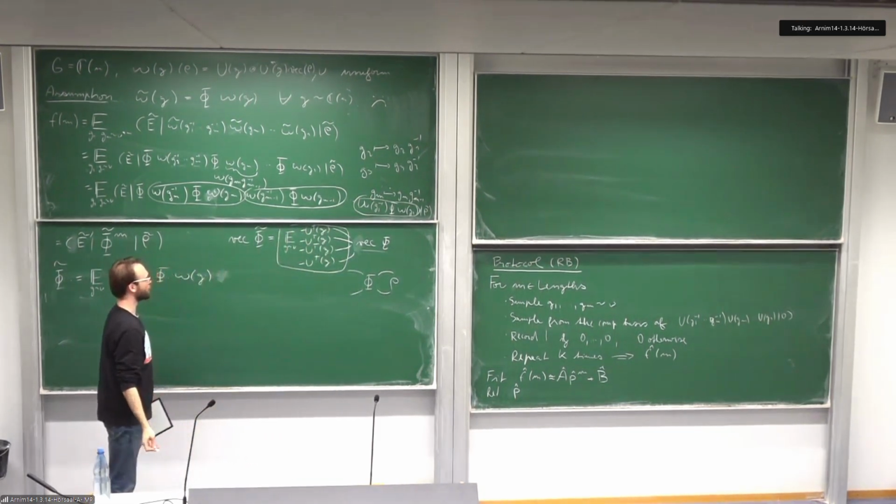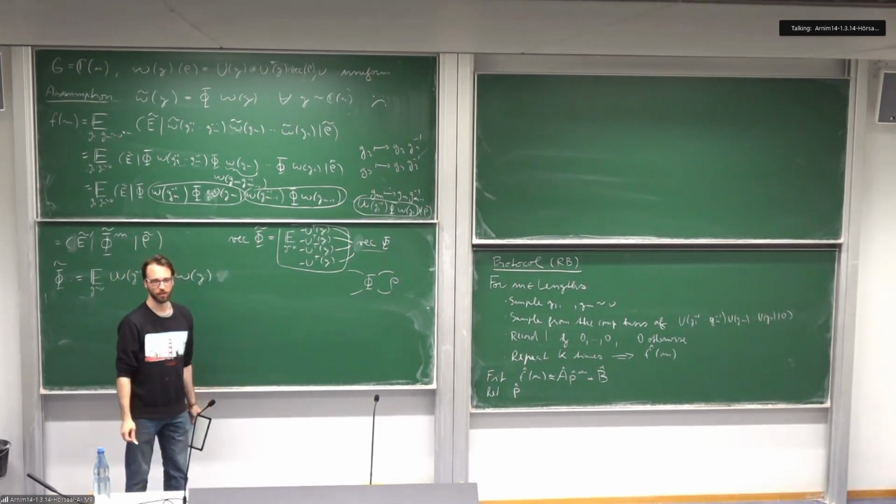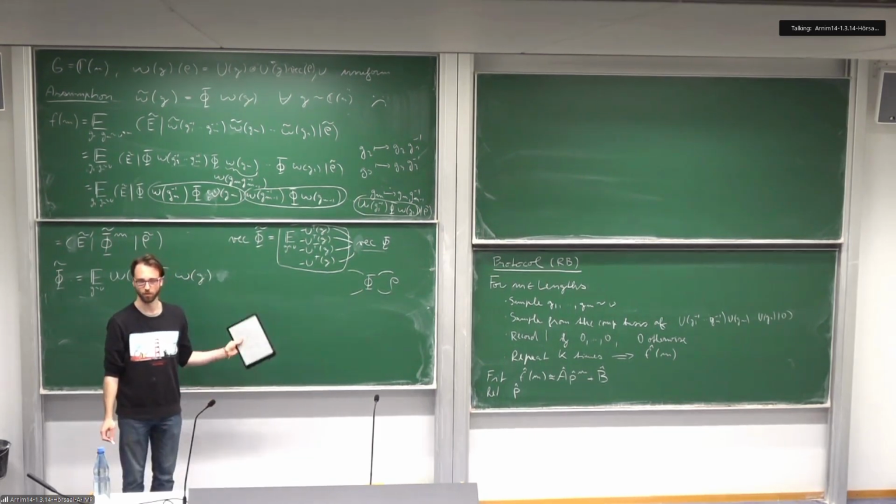Maybe people will be familiar with this object because that's the moment operator of this probability distribution measure. This is the second moment.